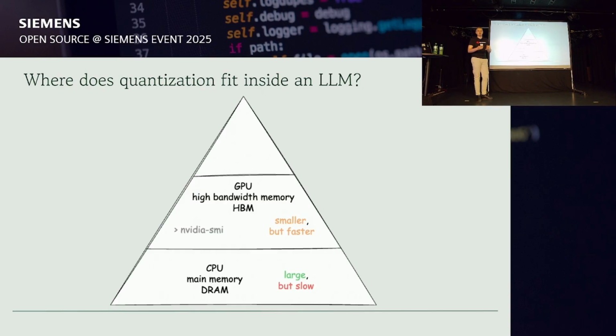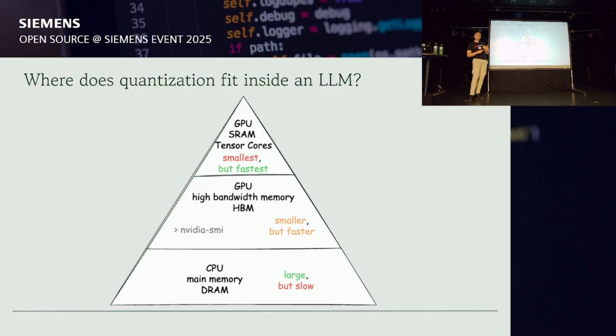This is what we get when we run nvidia-smi, so that's the HBM memory. This is much smaller, but also much faster memory. And then on top of the HBM, we have the GPU SRAM and tensor cores. This is where the actual computation happens, where the actual matrix-matrix multiplications are happening. This is the smallest part of this entire stack, but it's also the fastest to operate with.